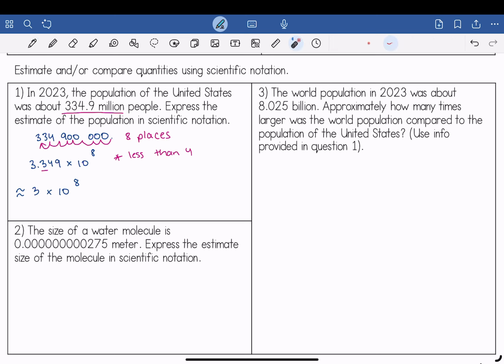Question 2. The size of a water molecule is 0.0000000000275 meters. Express the estimated size of the molecule in scientific notation. So we're going to move the decimal point 1, 2, 3, 4, 5, 6, 7, 8, 9, 10 places.